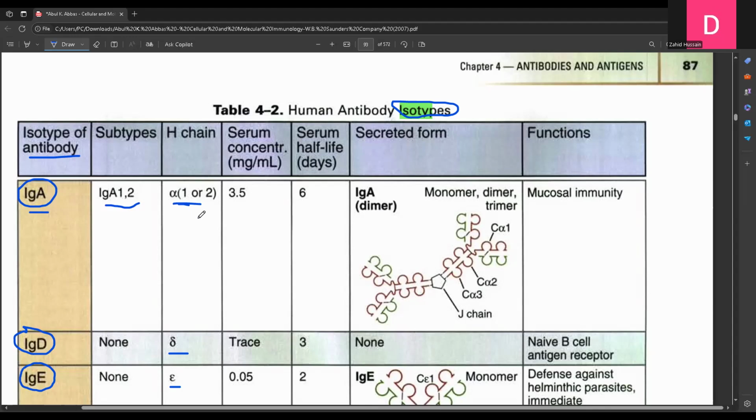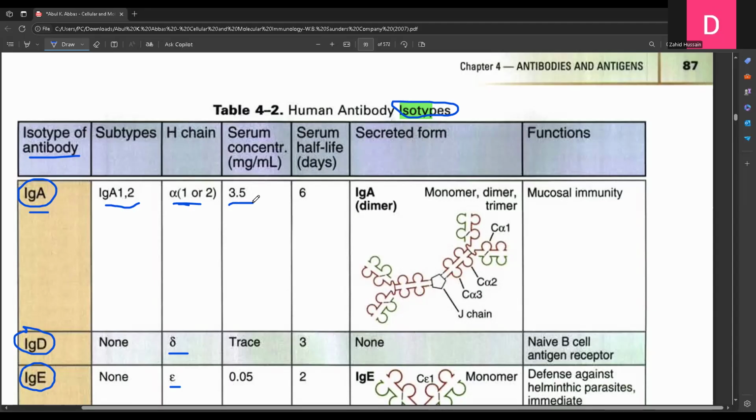So there are 2 types of alpha chains. 95% of the amino acid sequence is similar in both of these, with a small difference in the amino acid sequence. That's why they are termed IgA1 and IgA2, or alpha 1 and alpha 2 isotypes.